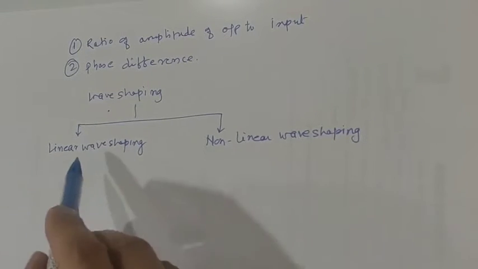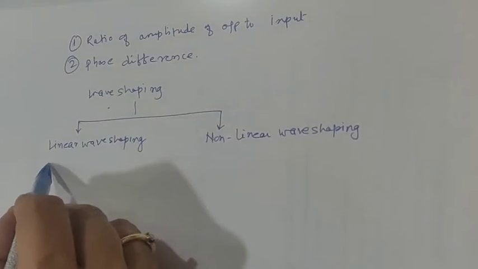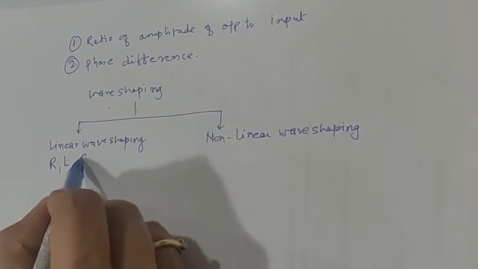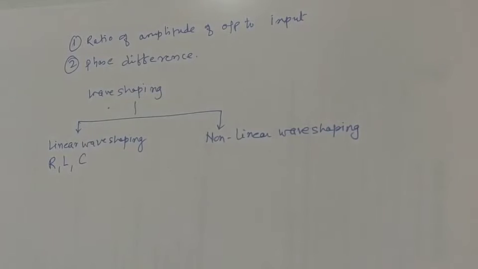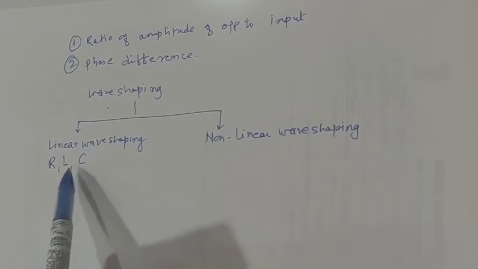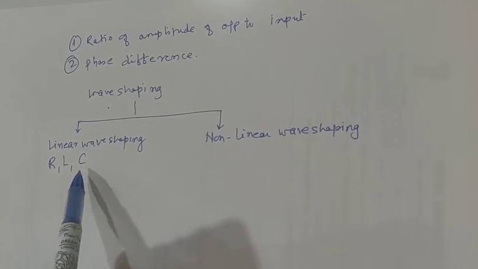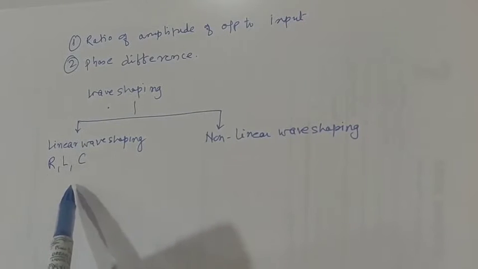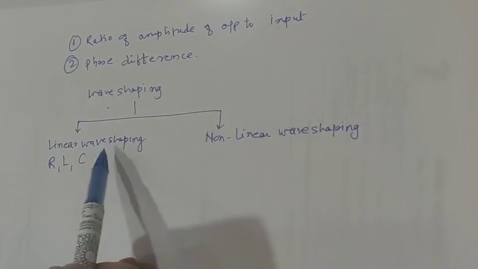The components that I will be using are RLC because they have linear characteristics. So if your signal is passed through the network which comprises RLC, of course it is going to alter your signal. If your signal gets altered in the process, that is called linear wave shaping.